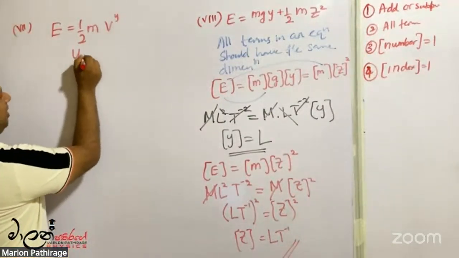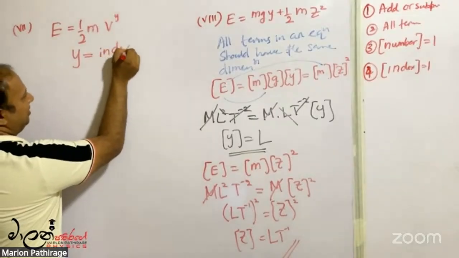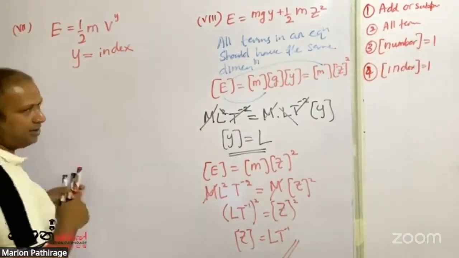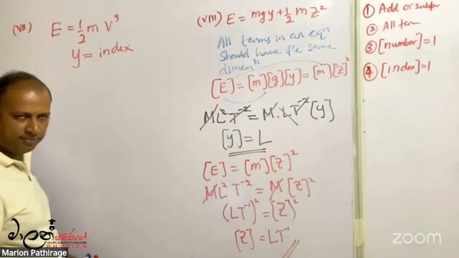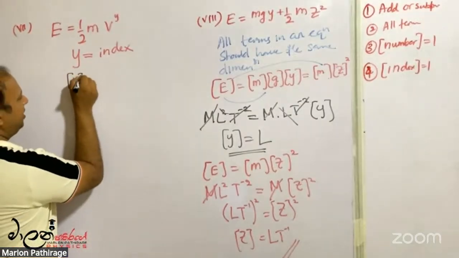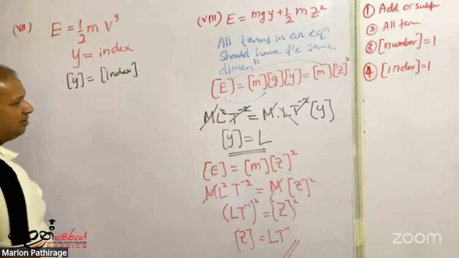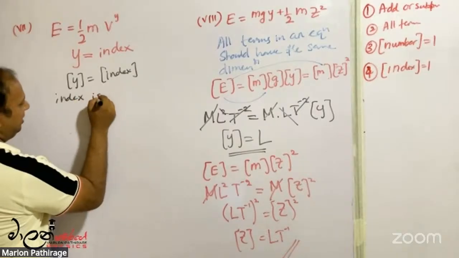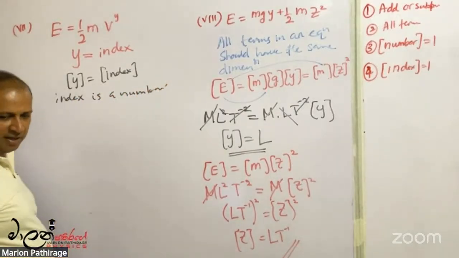Y means y is an index. So this is the argument, the logic. Then dimension of y should be equal to dimension of index. Index is a number.